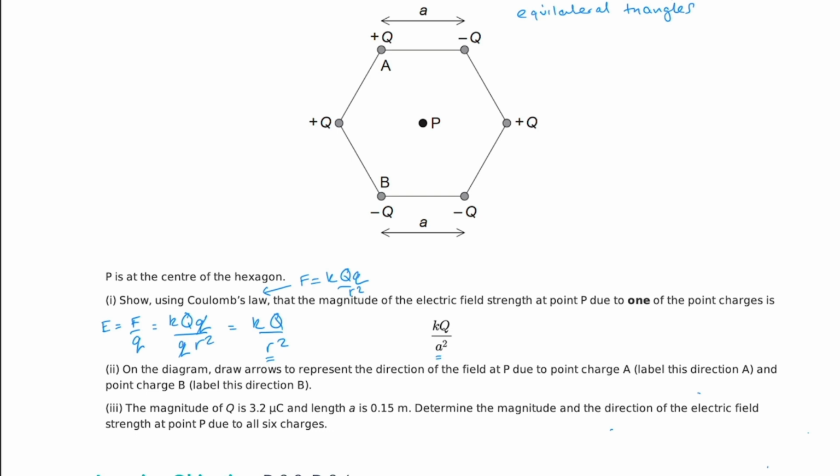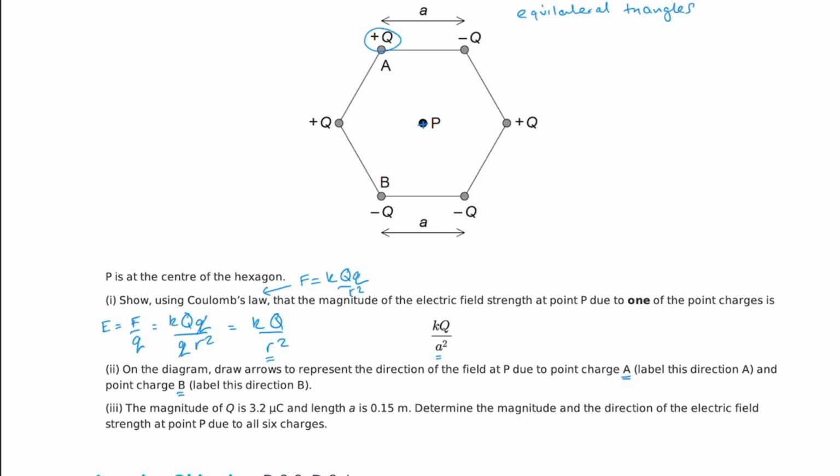2. On the diagram, draw arrows to represent the direction of the field at P due to point charge A, label this direction A, and point charge B, label this direction B. If we go to point P, that's where our positive test charge would be. So we imagine that's a positive test charge. We can see that A is a positive charge.